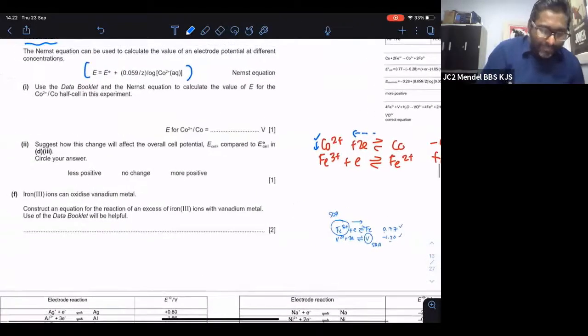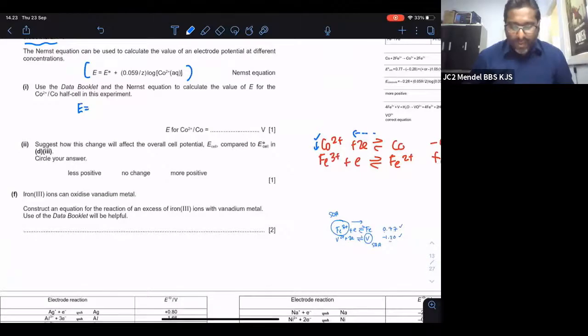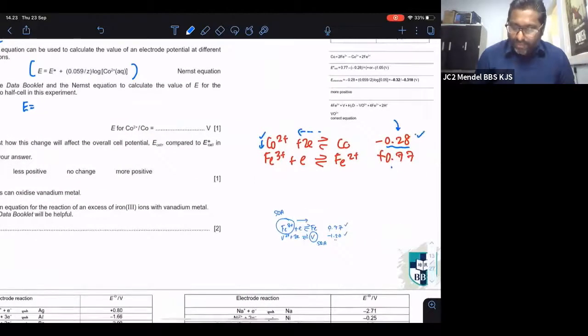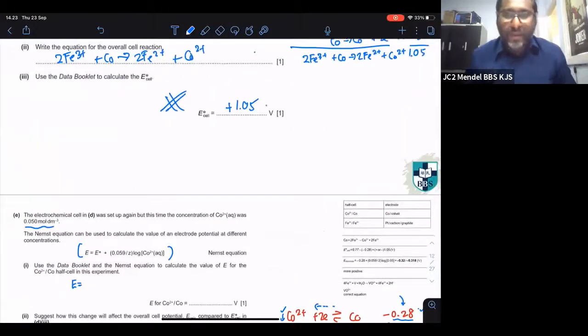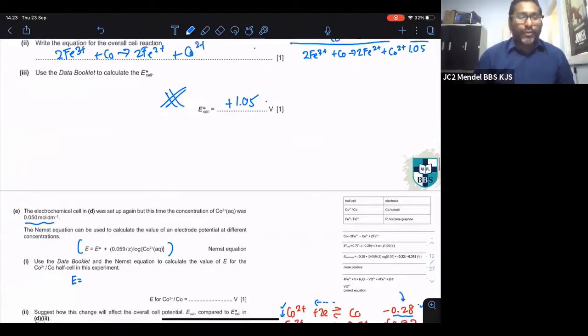So E value is going to be E standard, which is negative 0.28. Do not use the value that you calculated over here, 1.05. That is the cell value. You do not use the E cell. You use the E standard for that electrode alone, cobalt.